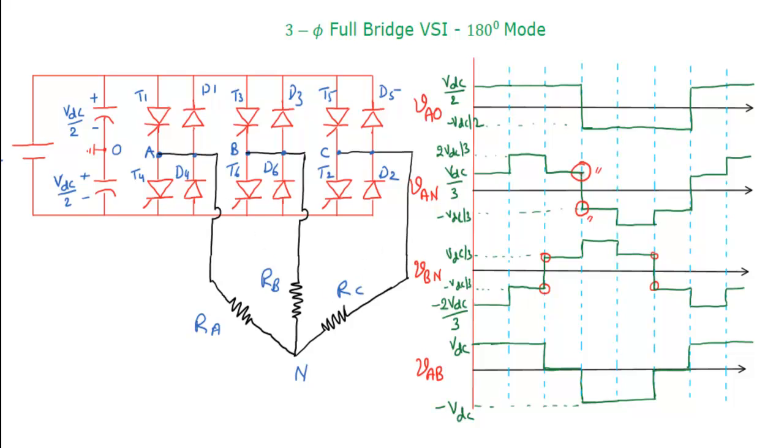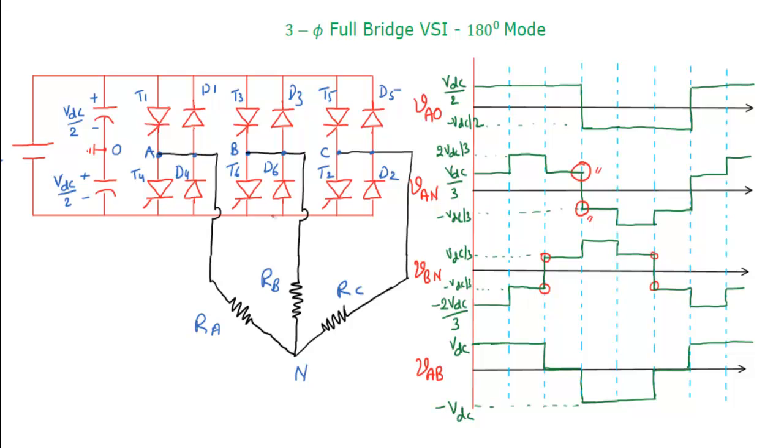We take care of some delay for thyristor T1 to complete its turn off, and then we turn on thyristor T4. Likewise for the other thyristors. That is why we go for the 120-degree mode, since there is a possibility of source short circuit while changing thyristors on the same leg.